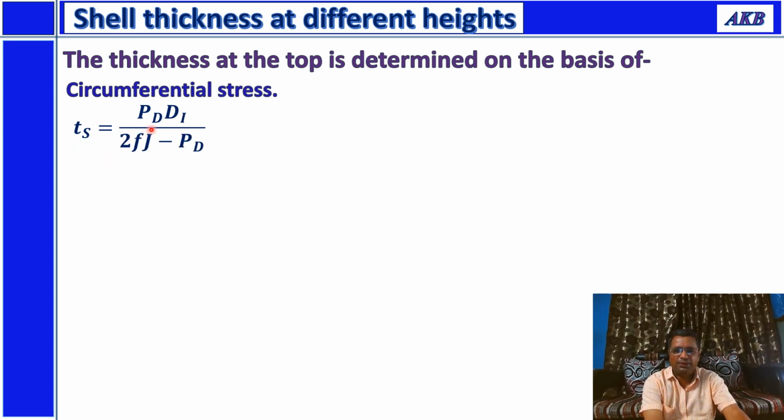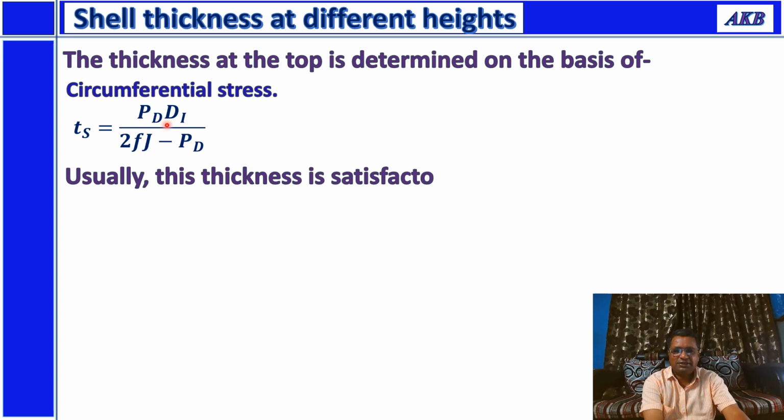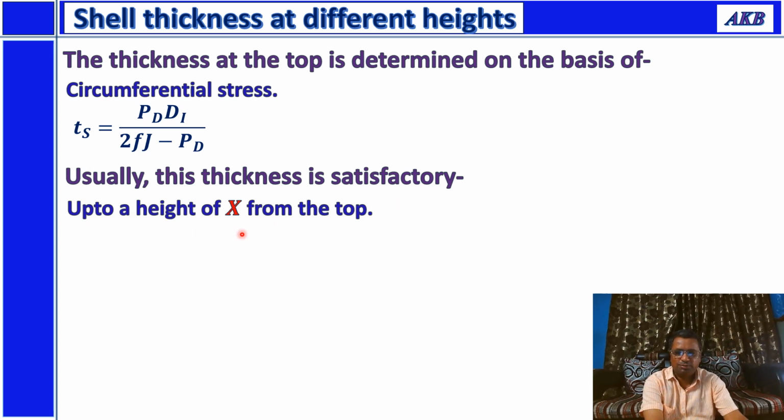TS is equal to PD into DI upon 2FJ minus PD, where PD is the design pressure, DI is the internal diameter, F is the allowable stress, J is the weld joint efficiency factor, and the thickness that you calculate by using this formula is satisfactory up to a height of X from the top.